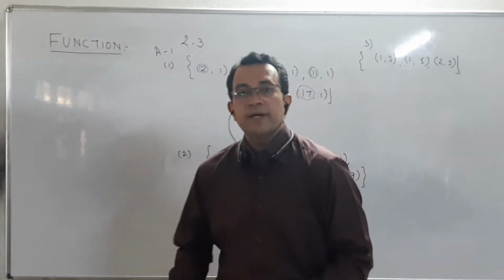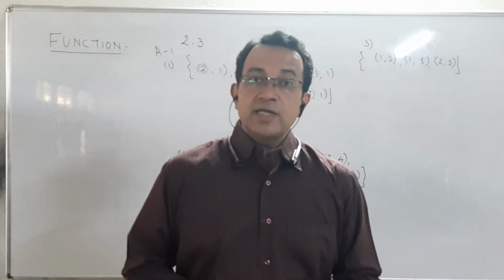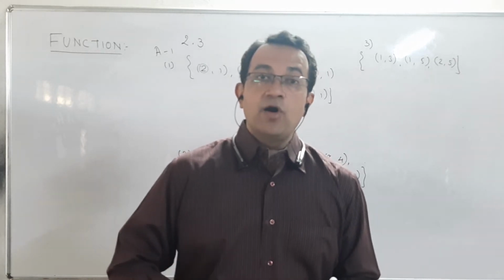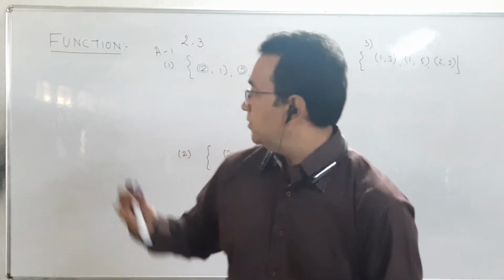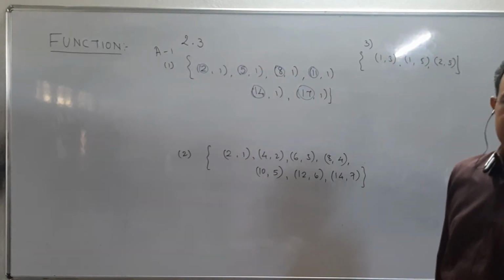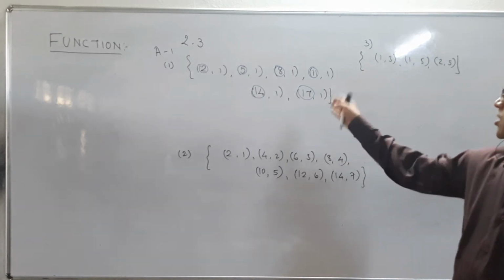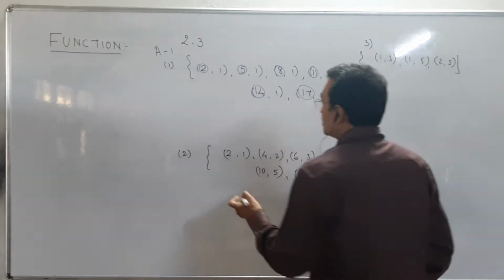Is any of the elements repeated? No. The second element, I told you, can be repeated any number of times. One is repeated throughout. So no repetition of the first element. Yes, the second element can be repeated. So this relation is a function.